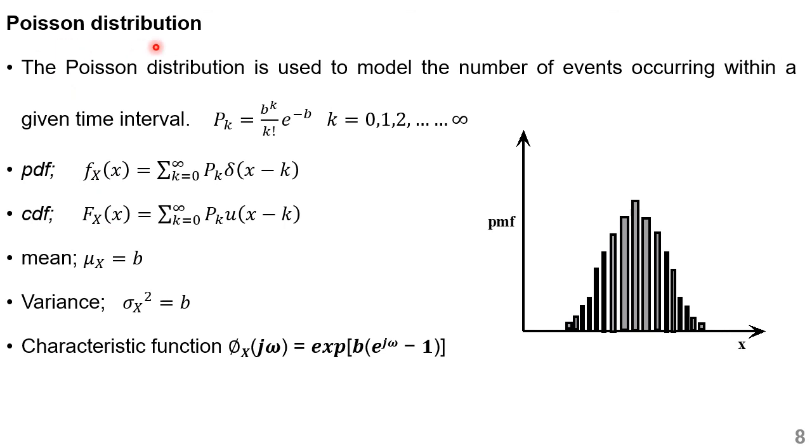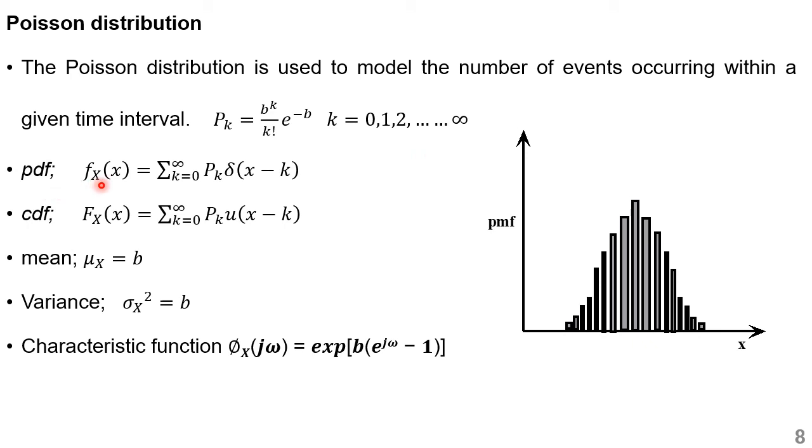Last distribution is the Poisson distribution. The Poisson distribution is used to model the number of events occurring within a given interval, and it is defined as P_k equal to b^k divided by k factorial times e^(-b) for all values of k varying from 0, 1, 2 to infinity.